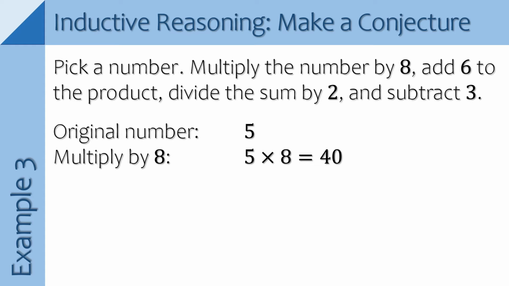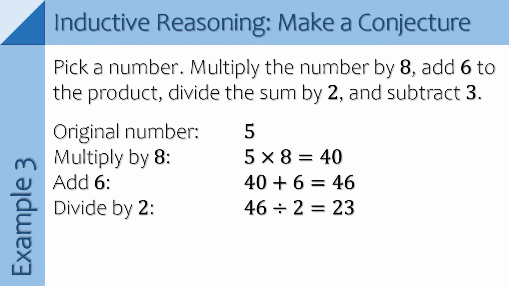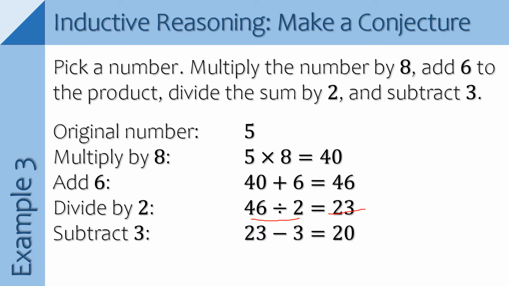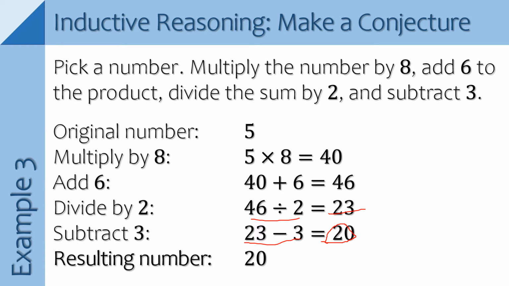Next, add 6 to the product: 40 plus 6 is 46. Next, divide the sum by 2: 46 divided by 2 is 23. Then subtract 3: 23 minus 3 is 20. So the resulting number is 20. That is the making of a conjecture.